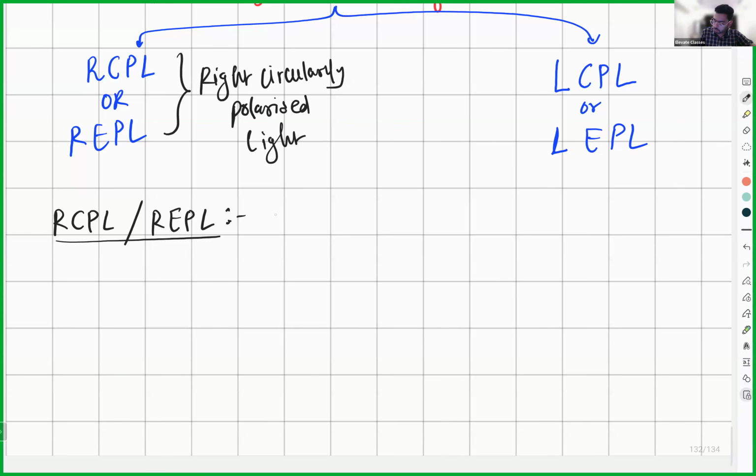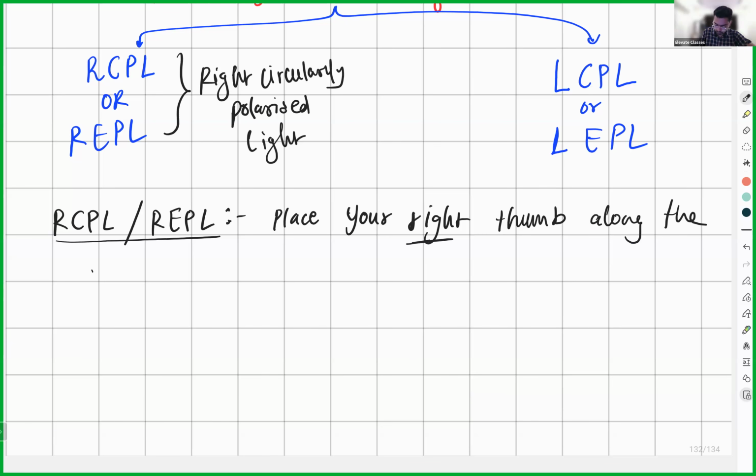So what you do is place your right thumb along the direction of propagation of the electromagnetic wave.